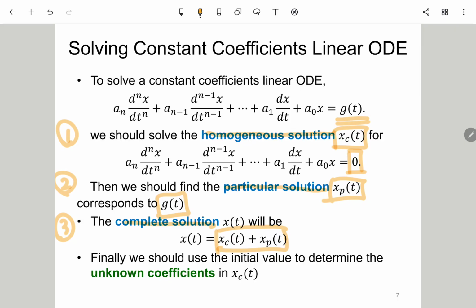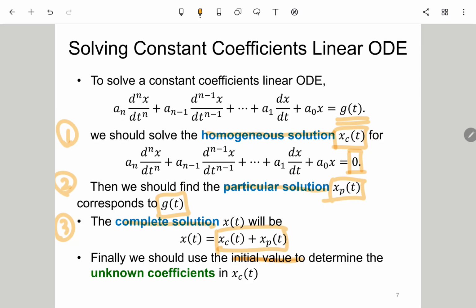Finally, you should check the initial value. For some cases, the problem may provide you some initial values. Usually it will give you some initial values. If you have them, you can just plug them into the solution to determine some unknown coefficients. Because if we don't have the initial values to constrain the complete solution, then it can have arbitrarily many solutions.